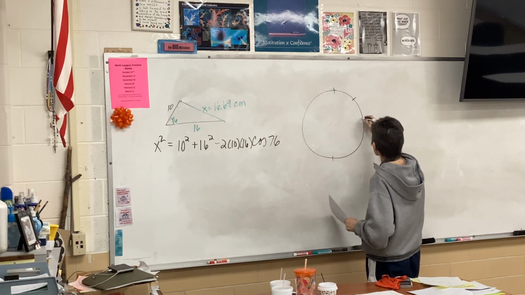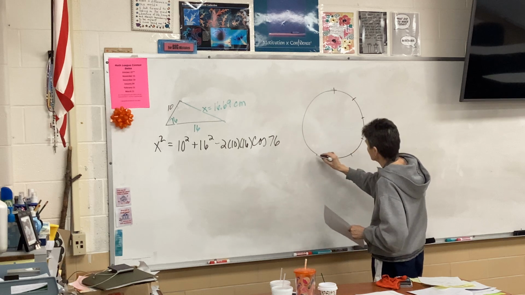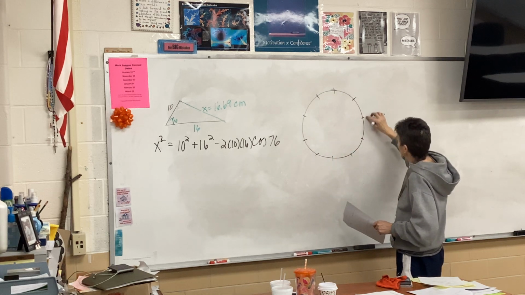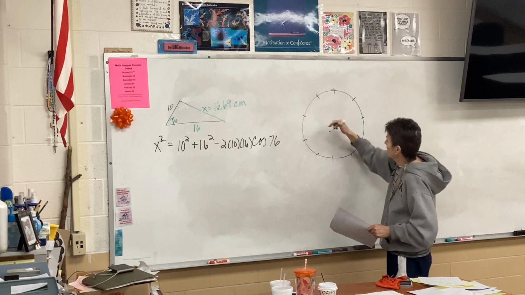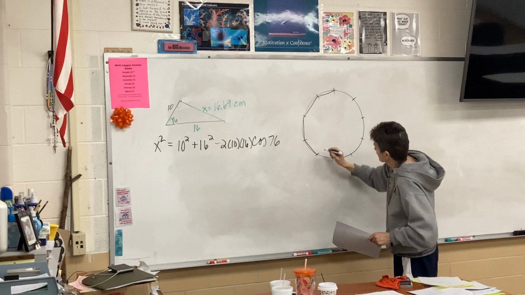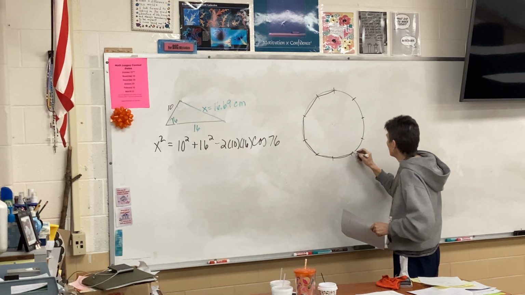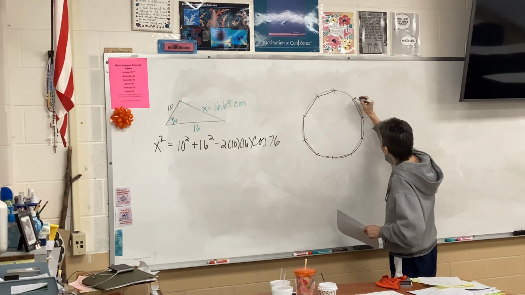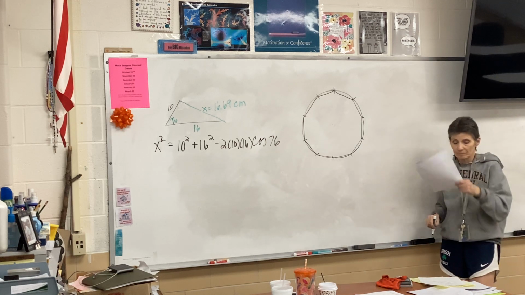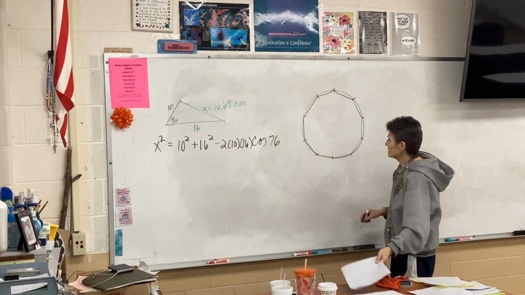So I'm going to split this up as best I can into 10 equal pieces. 1, 2, 3, 4, 5, 6, 7, 8, 9, 10. Connecting those. Kids, please don't spend an hour trying to perfect your picture. Just want to get the general idea. There's your decagon. The radius is 15.